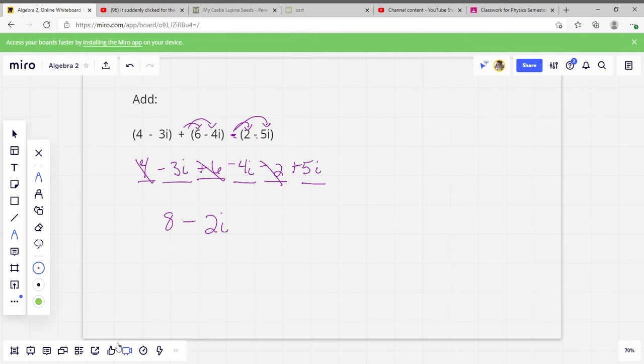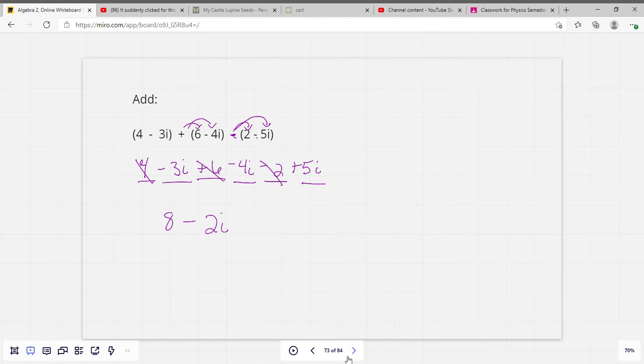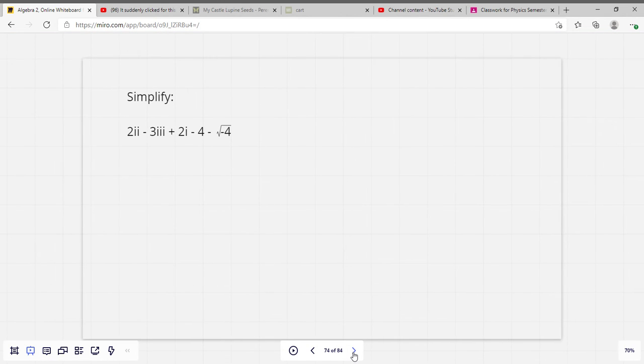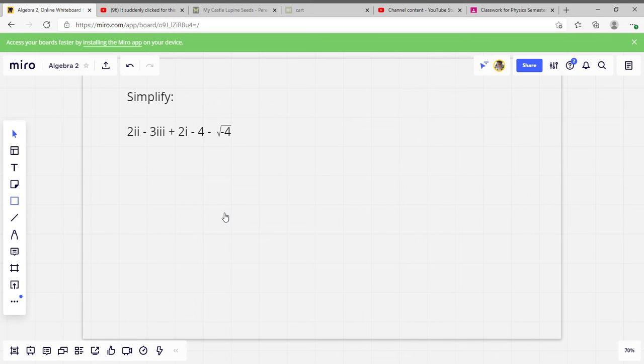All right, that part is pretty easy. All right, simplify. Okay, so for ones like this, we know that i equals the square root of negative 1. So we'll write it out.